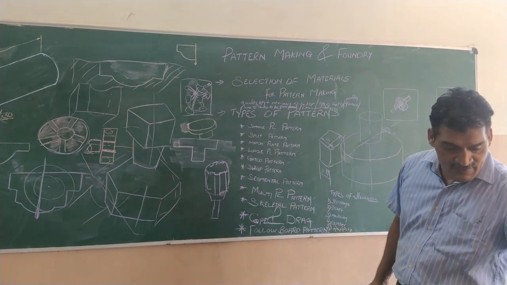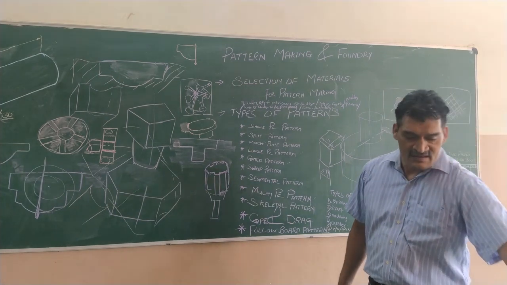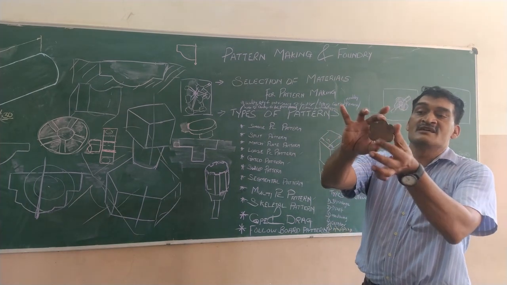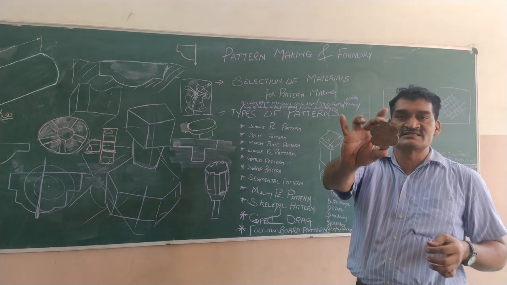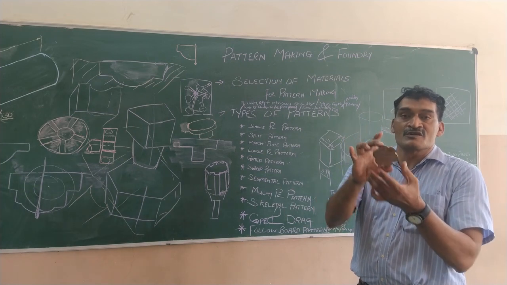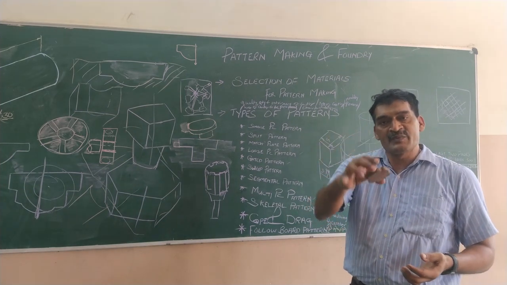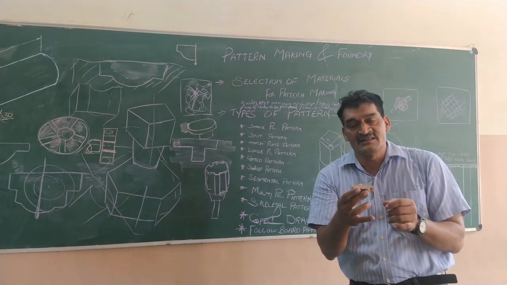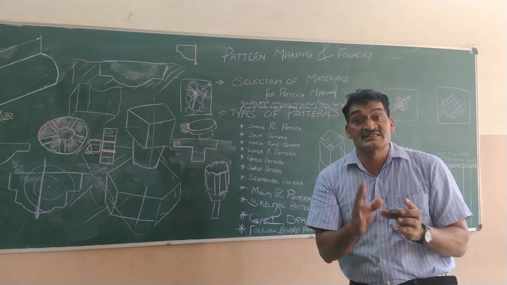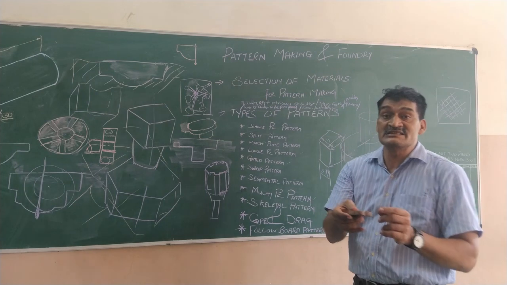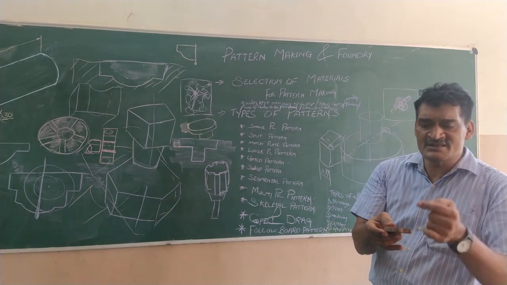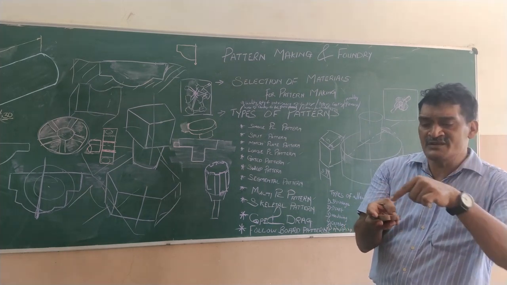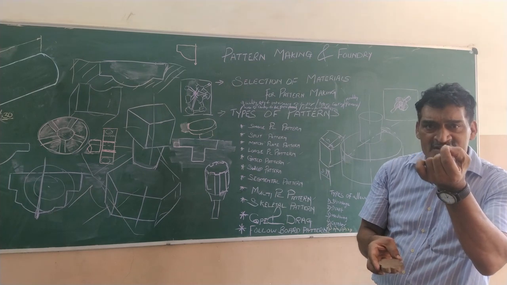Let's say we have our pattern, and the dimension end to end was 50 millimeters. So we prepared the mold. After preparing the mold, we poured in the molten metal, let's say steel. After pouring in steel, it shrunk 1 millimeter in every meter.